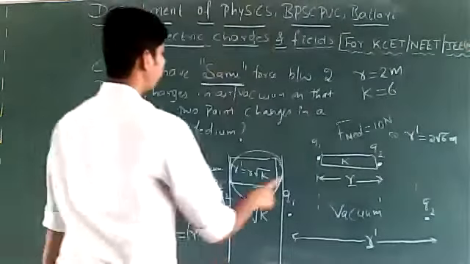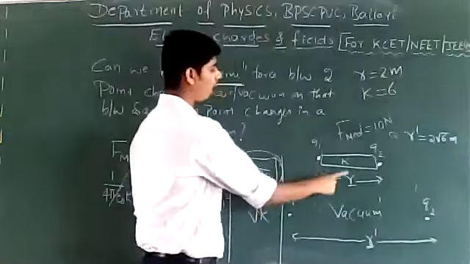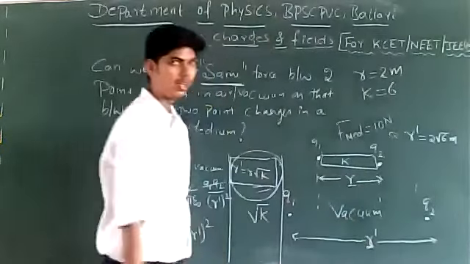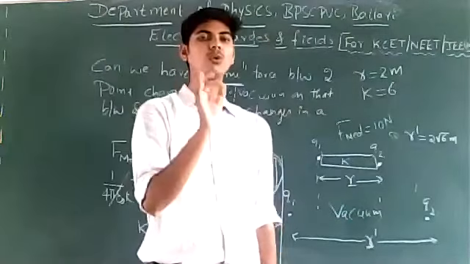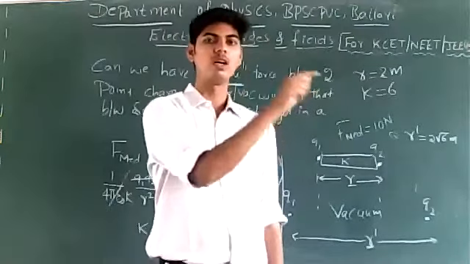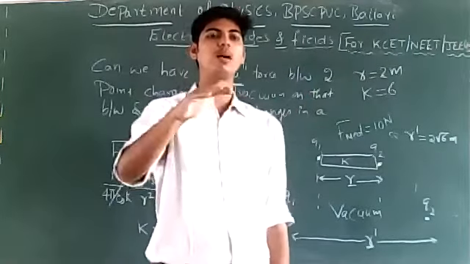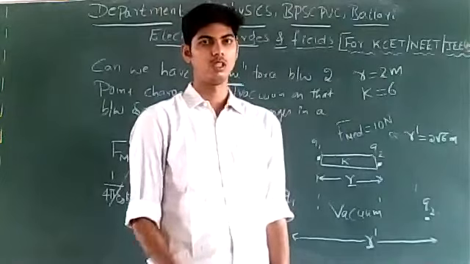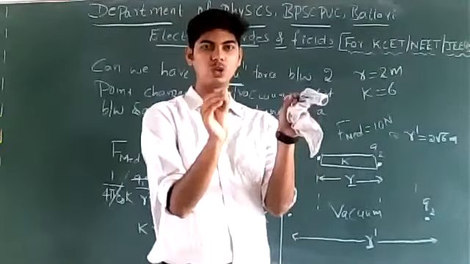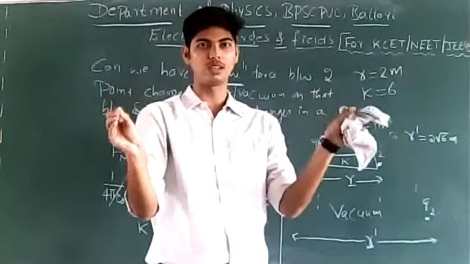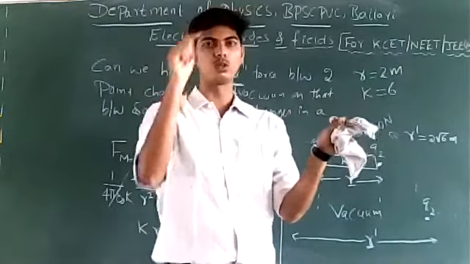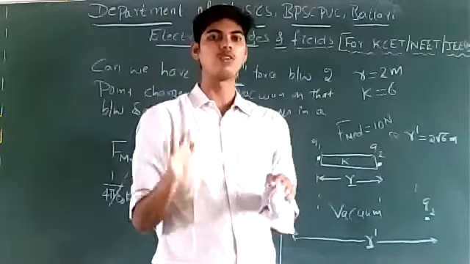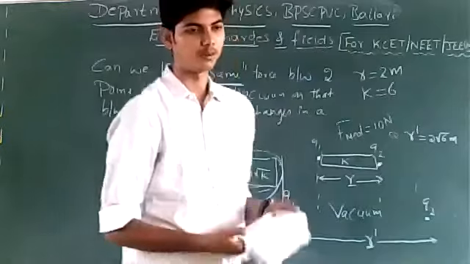If you increase the distance from R to R root K, the force between 2 point charges in the medium and that in air or vacuum will remain the same.